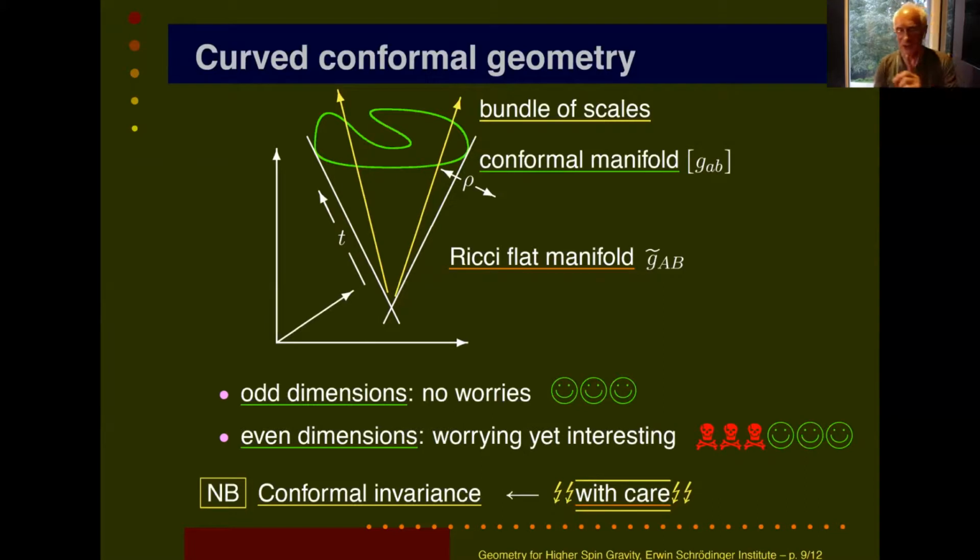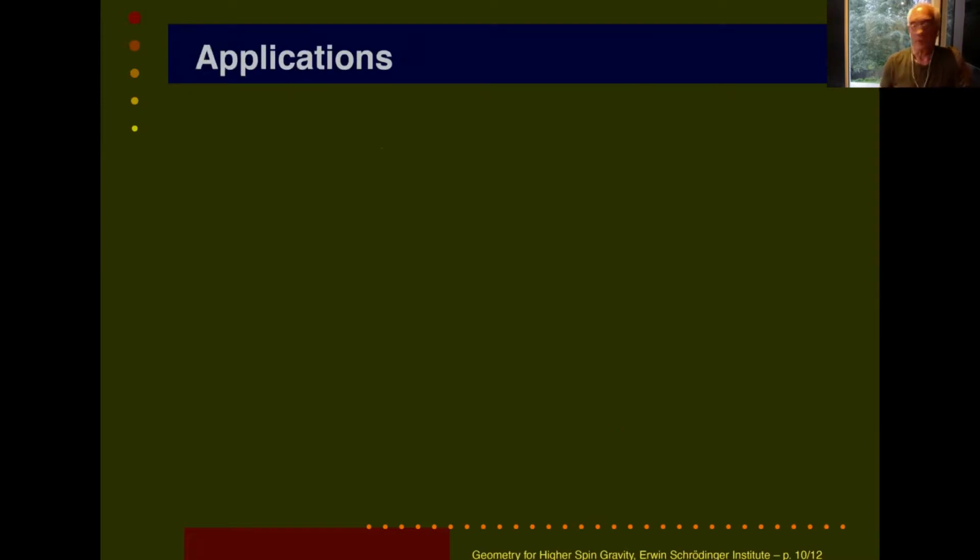If you want to make this precise, you've got to be very, very careful, and they are very, very careful in the book. Now, what about applications? First of all, what happens if you just run through Dirac's argument in this new setting? This works in all dimensions.